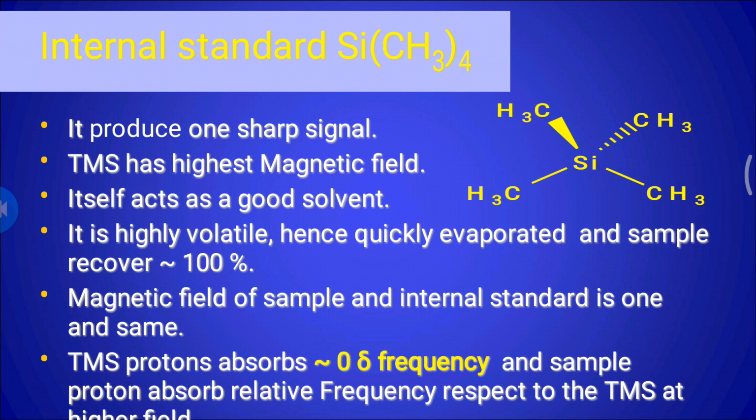Tetramethylsilane has many useful properties. First property, it produces only one sharp signal.